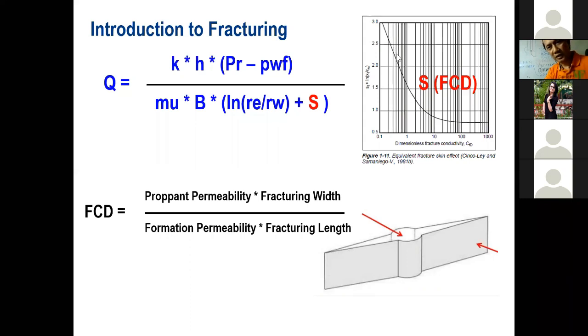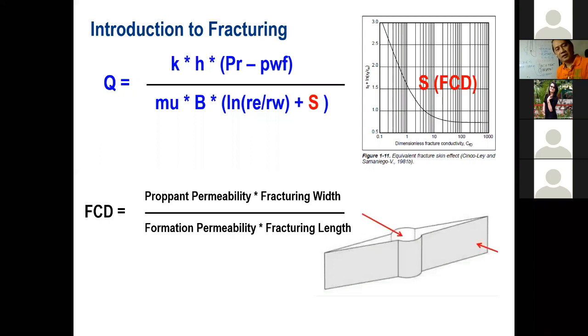This is the steepest slope, in the very early part from 0.2 to 2 on the FCD. Then after that, there is a slightly steep section to FCD of 10 or maybe 20. And then from FCD 30 maybe to FCD 1000, the drop in skin is not that much, all right?